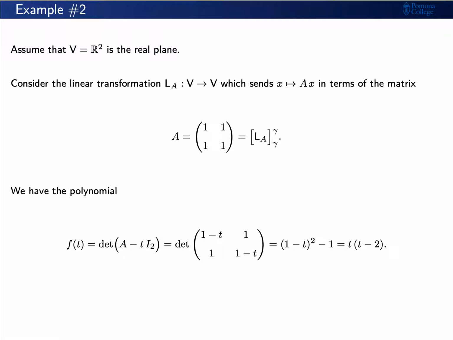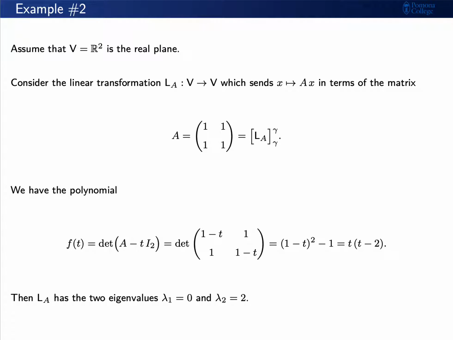Here we're computing the determinant of the matrix (1 minus t, 1; 1, 1 minus t). After some algebra, we find that this characteristic polynomial factors as t times (t minus 2). This means that our transformation, L sub A, has two eigenvalues, namely lambda 1 equals 0 and lambda 2 equals 2.